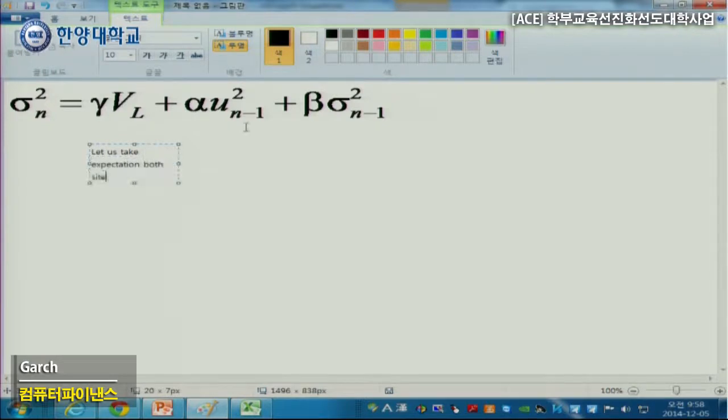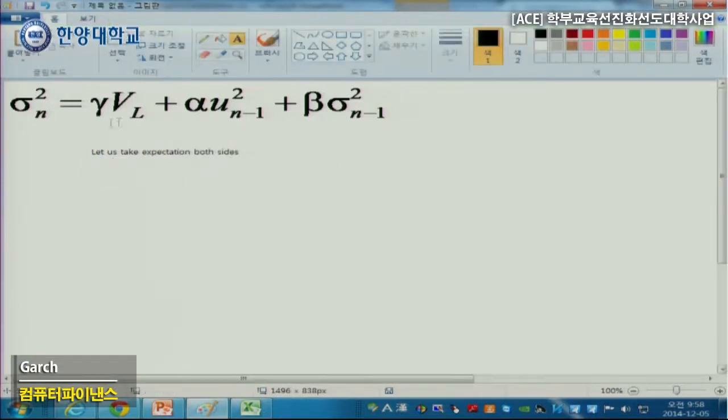Let us take the expectation of both sides. Over here, take the expectation, and over here, the expectation. Then the expectation of this one should be sigma squared, right? We can drop n. So it is sigma squared, and this is sigma squared. We don't need this one.